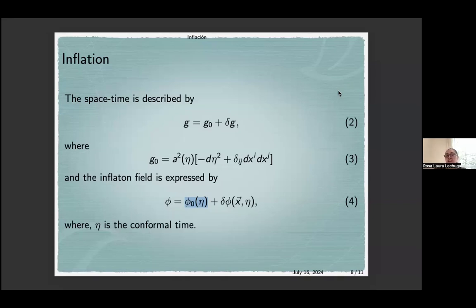Because you consider that the universe is smooth, what is the physical reason to think that the universe is homogeneous, has homogeneity and isotropy?